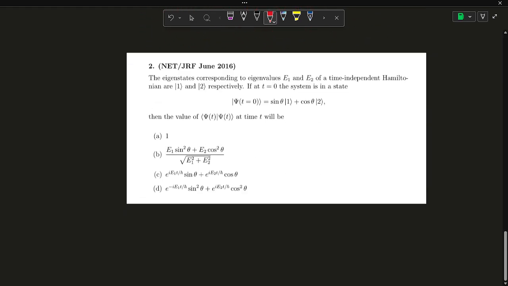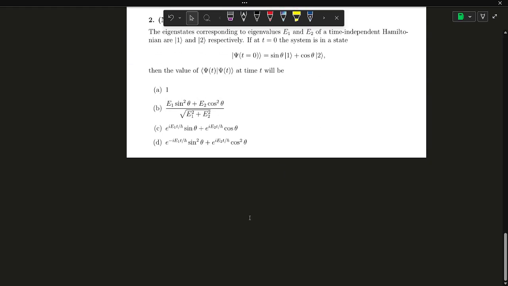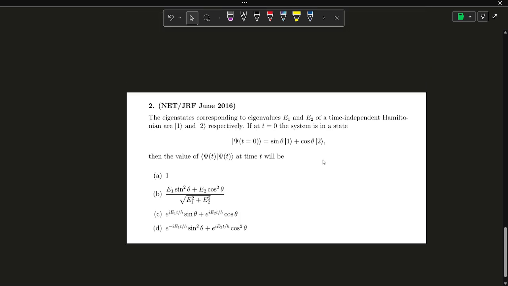Now another question is, here the eigenstates corresponding to eigenvalues E1 and E2 of a time independent Hamiltonian, 1 and 2. These are the time independent Hamiltonian eigenstates.